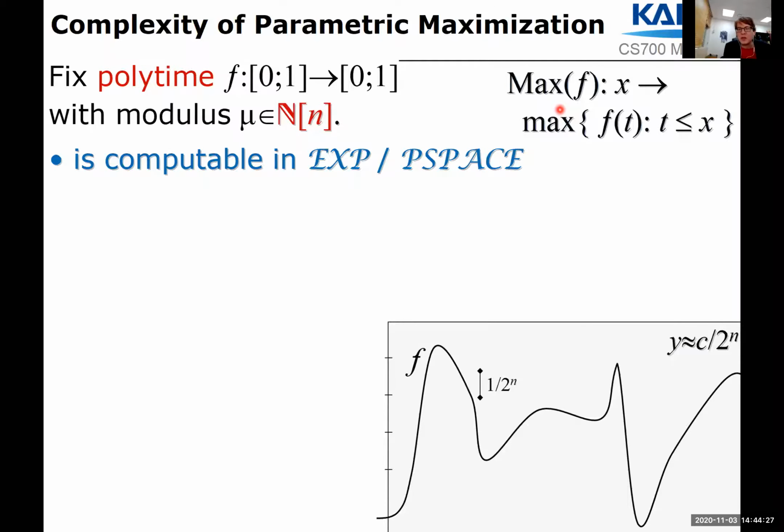So the goal of the algorithm is to approximate the maximum of the function on the subinterval from 0 to x up to error 2 to the minus n. So n is a given input. And to this end, we subdivide the y-axis into subintervals of length 2 to the minus n each.